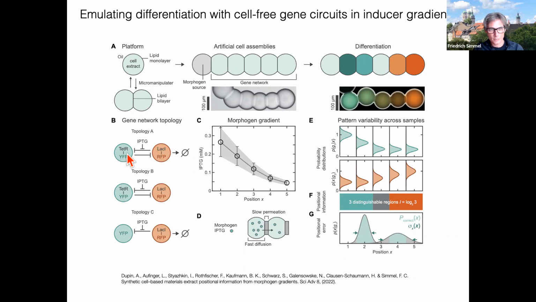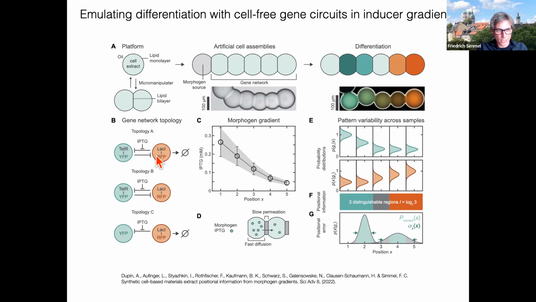What you would like is that the IPTG diffuses into this array, so that close to the morphogen source we would have high TetR expression, and a high LacI expression further away, but then you would also like the YFP to repress the production of the RFP, but that takes some time.